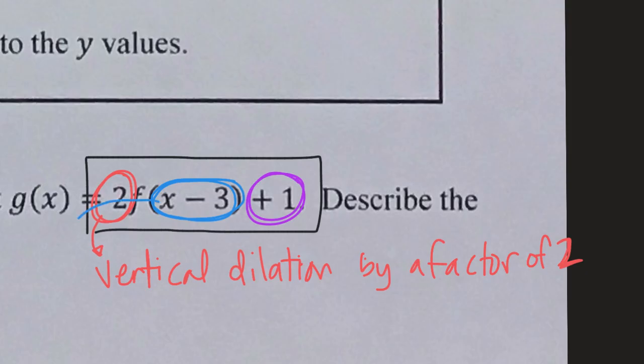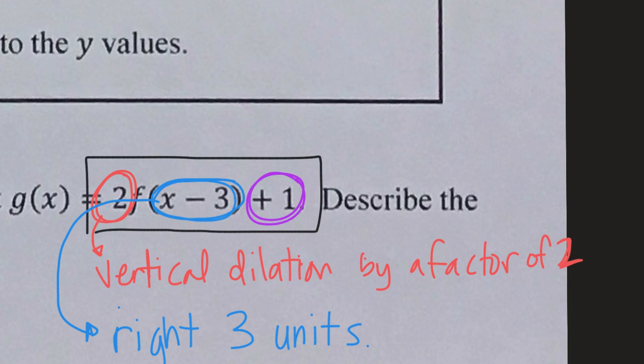Okay, what does the x minus 3 do to our function? This is a, no, parentheses lie, so minus goes to the right. This is a right 3-unit translation. Our function has been moved right 3 units. Parentheses lie.